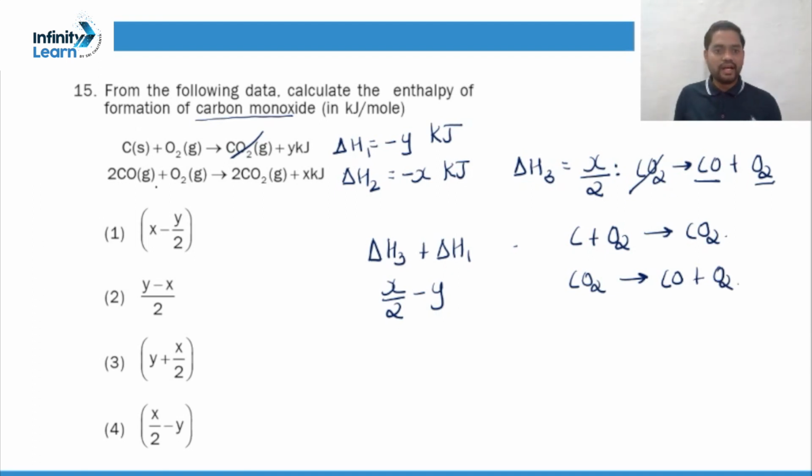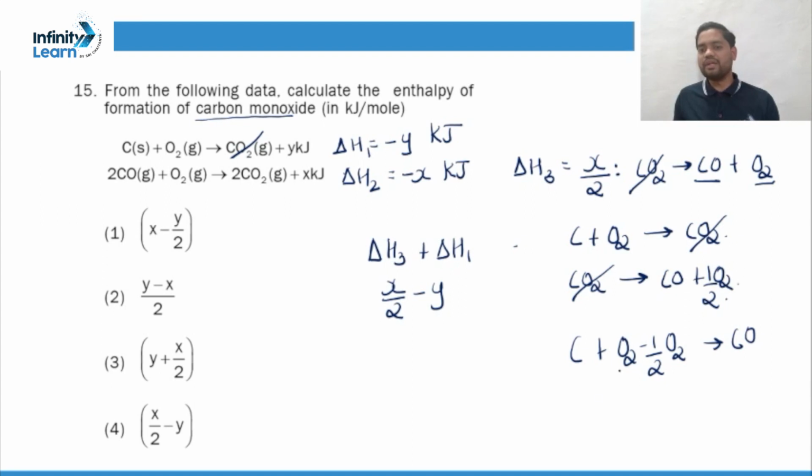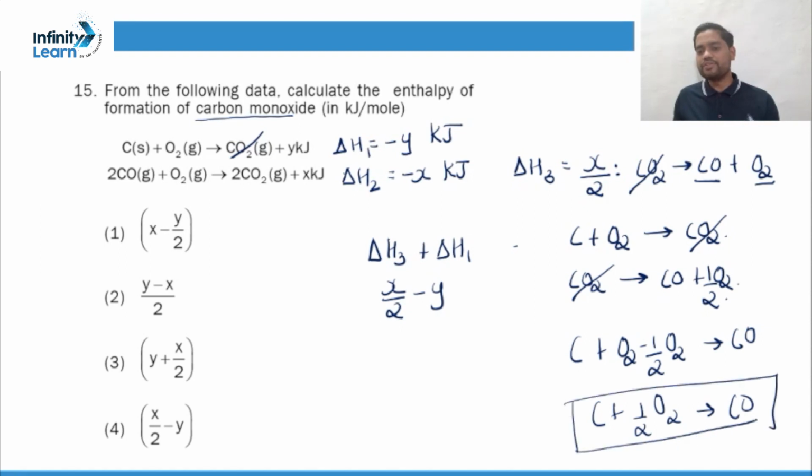Since I have divided this by 2, I'll be getting half oxygen over here. So this CO2 and this CO2 cancel, and this will be 1 carbon plus oxygen minus half oxygen gives you carbon monoxide. So carbon plus half oxygen will give you carbon monoxide, and this is the desired equation. Hence the final answer is x by 2 minus y. Option number 4 is the right answer.